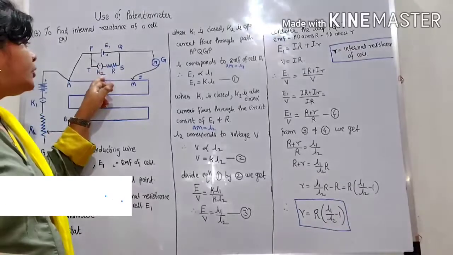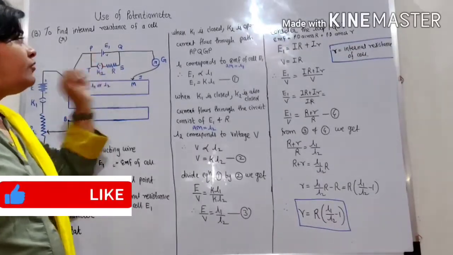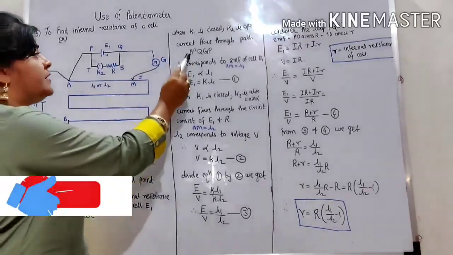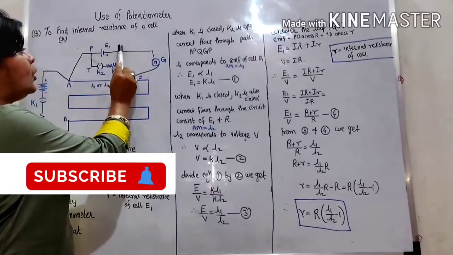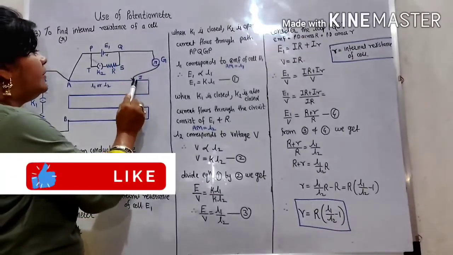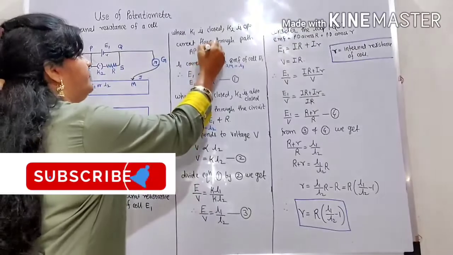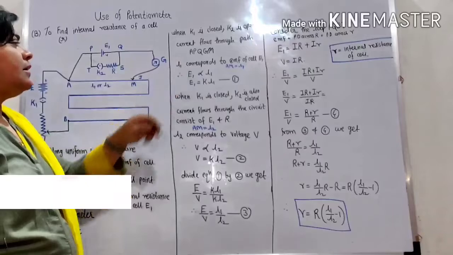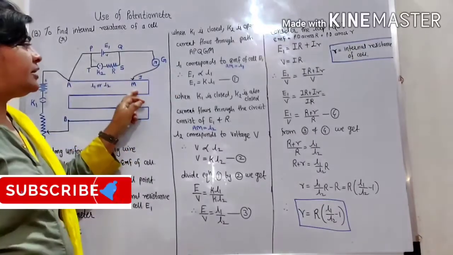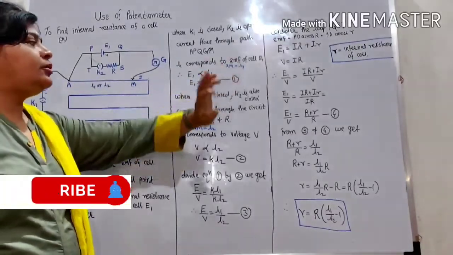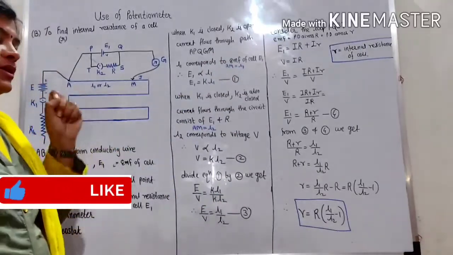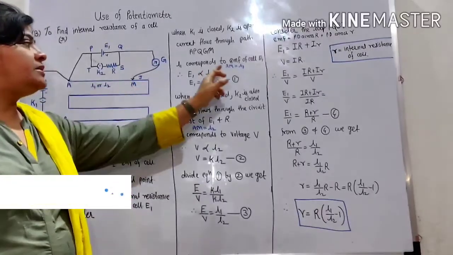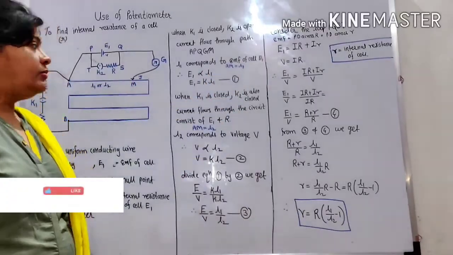Previously I told you that if K2 is open, then current will not flow through that branch, and the current follows the path A, P, Q, G, and then completes at the point M. This length AM is measured with the help of the meter scale and the reading is noted. When the galvanometer shows zero deflection, M is called the null point. Measure AM, which is equal to the L1 value.